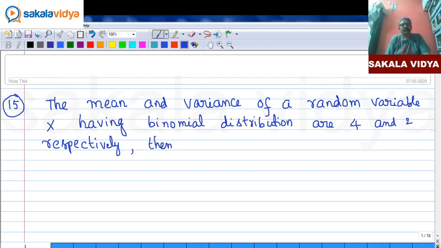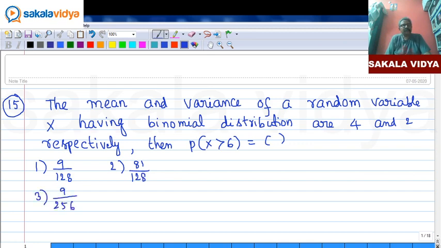Then P of x greater than 6 equals. First option 9 by 128, second option 81 by 128, third option 9 by 256, fourth option is 3 by 11. This is the question.